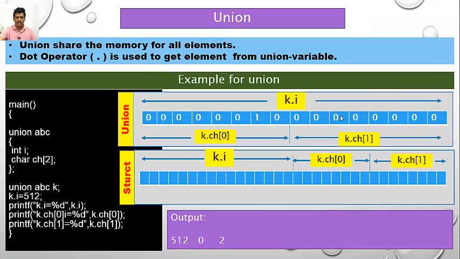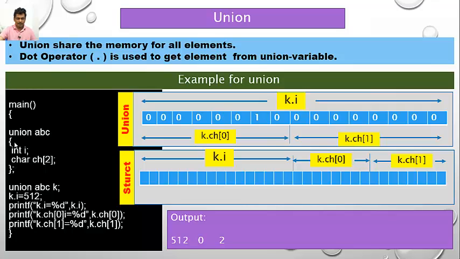So the integer is totally 16 bits, and in those 16 bits the binary equivalent of 512 is stored. The first byte, the 8 bits, is accessed by k dot ch of 0, and k dot ch of 1 accesses the second byte. So 2 bytes is enough.